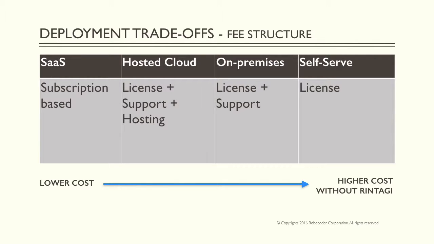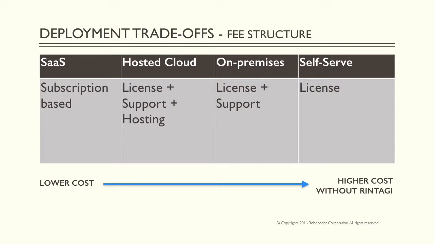SaaS is usually subscription-based and month-by-month. License, support, and hosting are all included in the monthly payment. For hosted cloud, the fees are usually broken down into license, support, and hosting. For on-premises, only license fee and support fees are relevant because the hardware is provided by the customers.